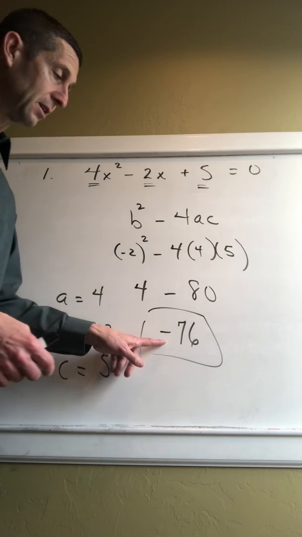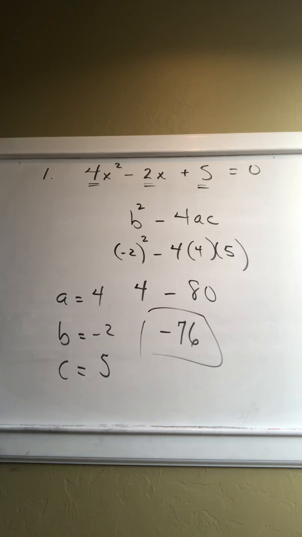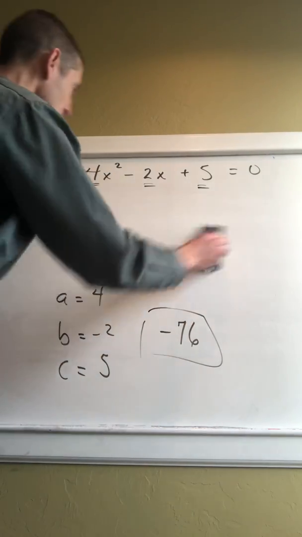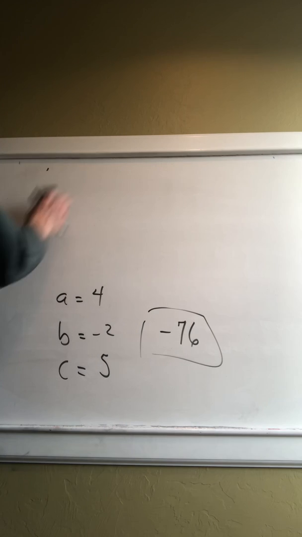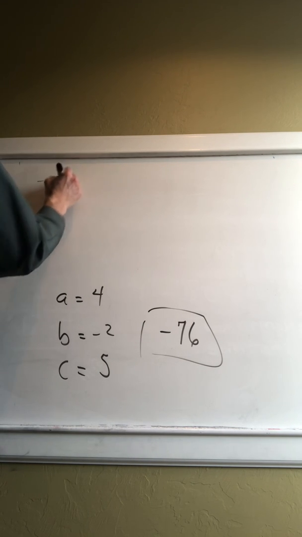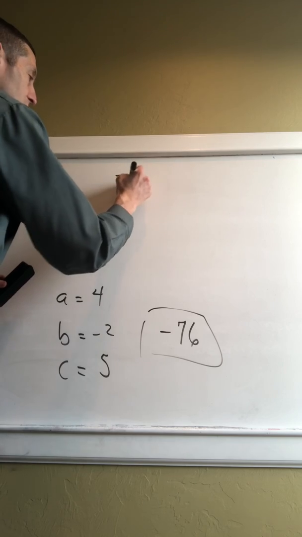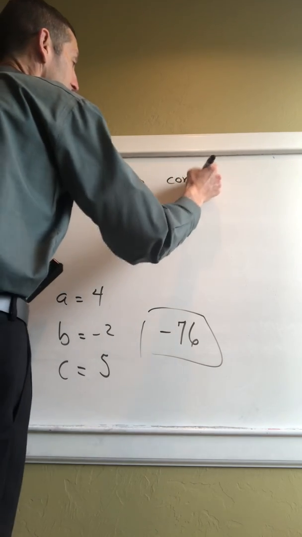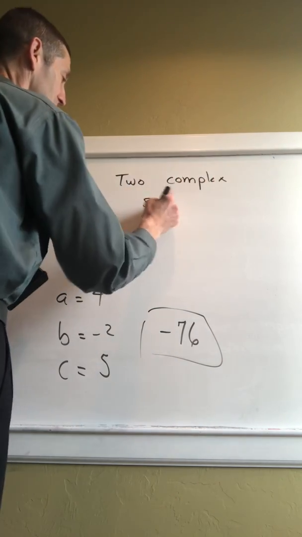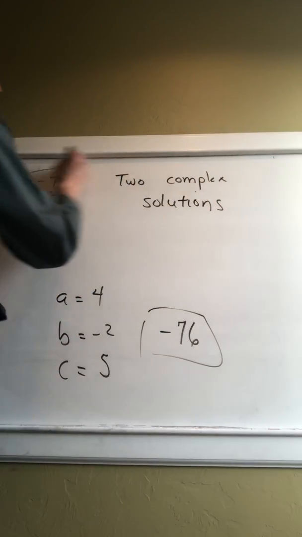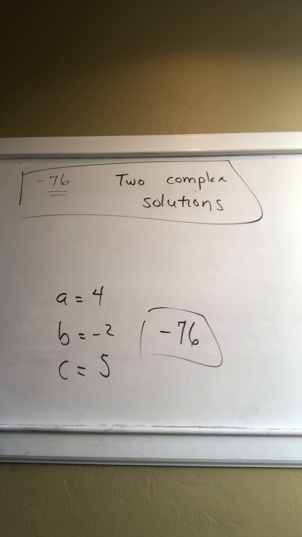If it's negative, it's less than 0. So -76 for your first answer means you're going to have 2 complex solutions. So these are your 2 answers you have to come up with.